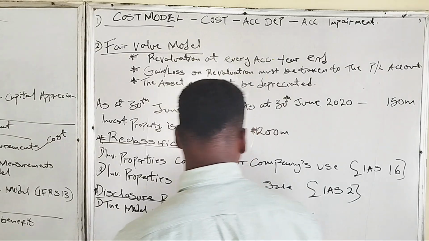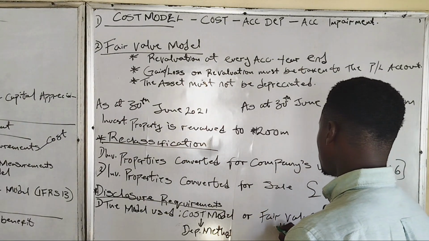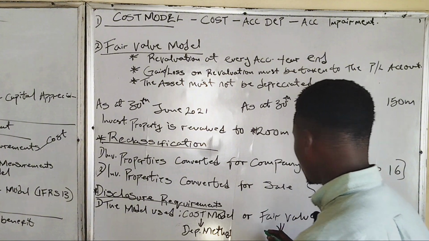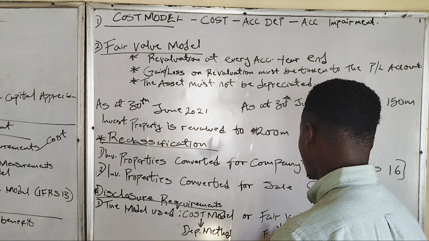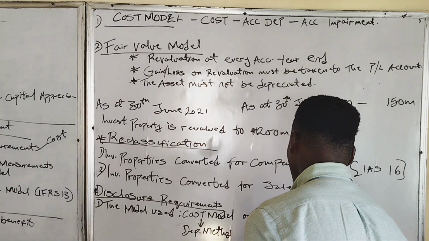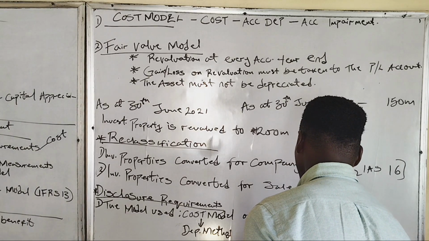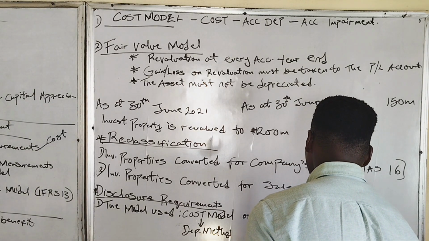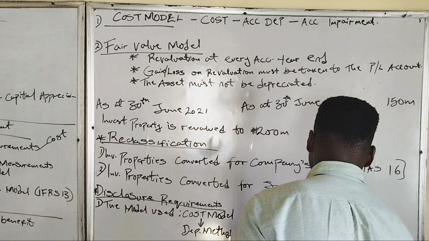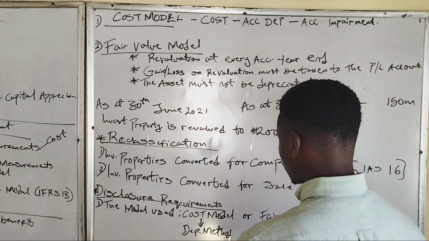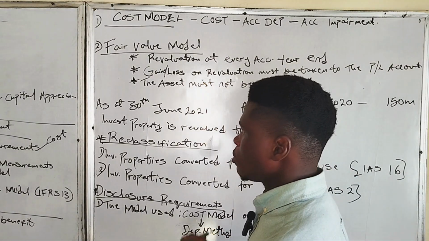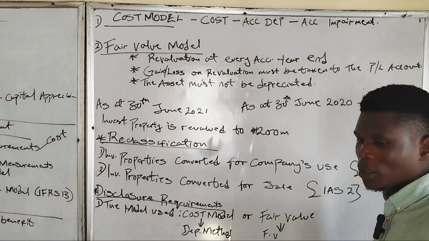Then this, you must disclose the fair value itself, like the current worth of the asset at the year end, and any gain or loss on revaluation on this asset. And that will be that. So that's for the disclosure requirement.